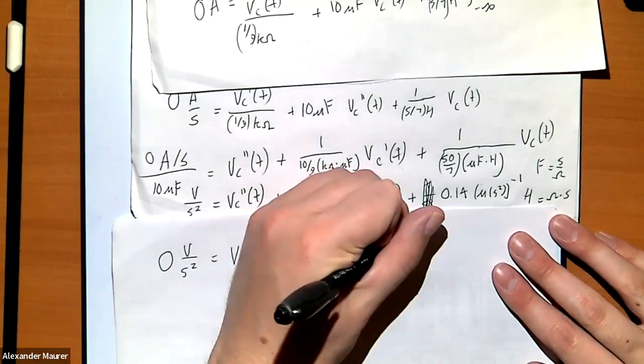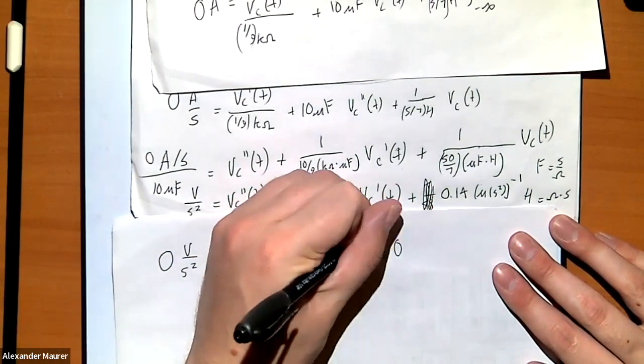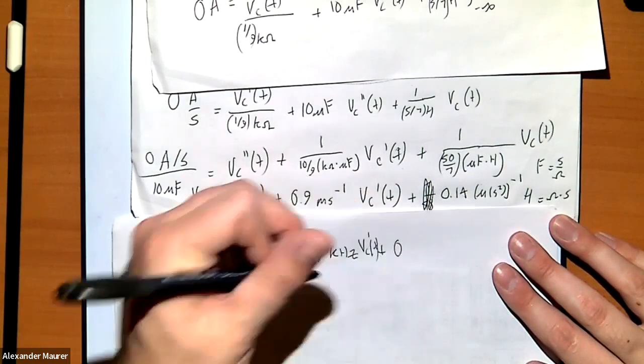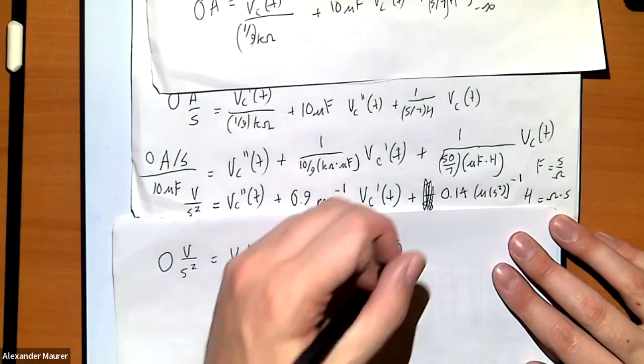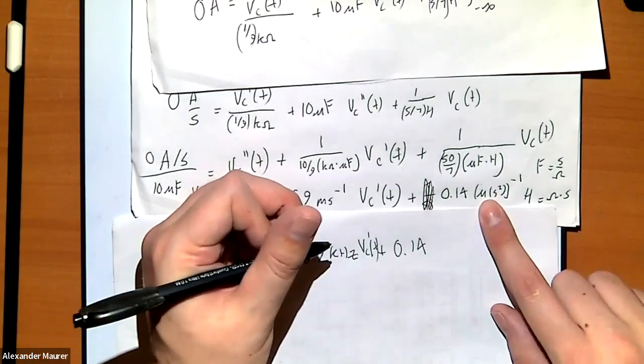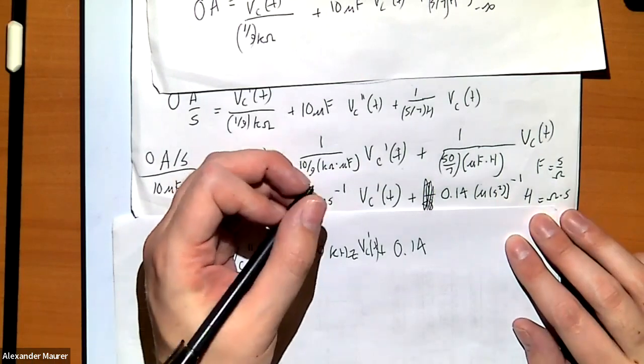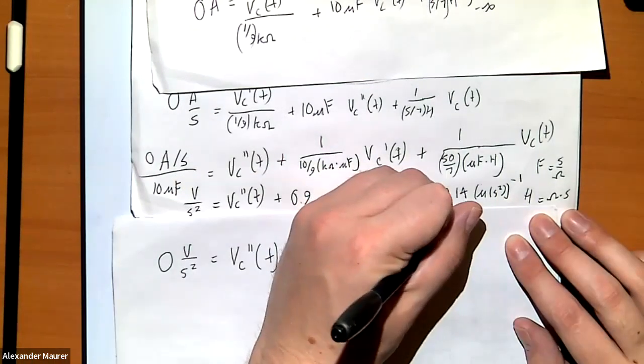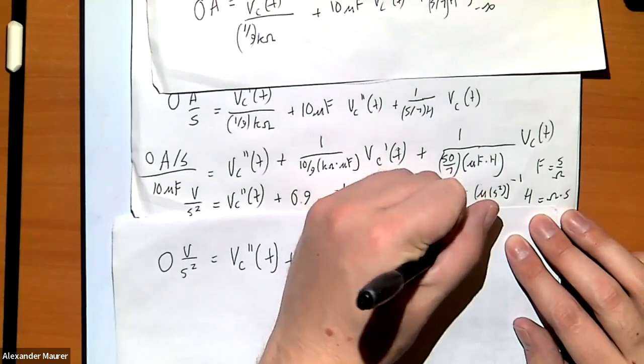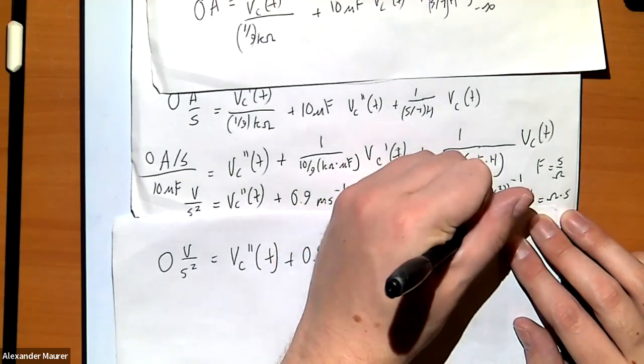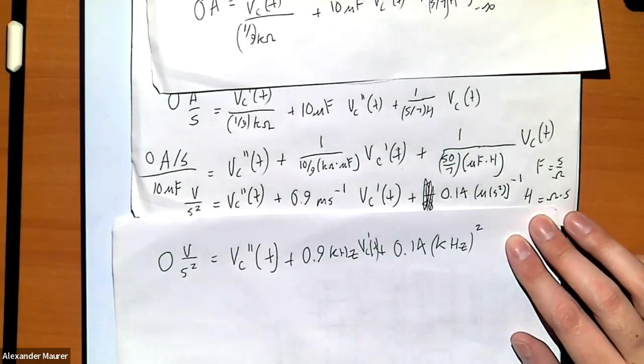And then this is plus 0, or wait, so then it's VC prime of T, and then 0.14. So microseconds to the -1 is actually going to be kilohertz squared.